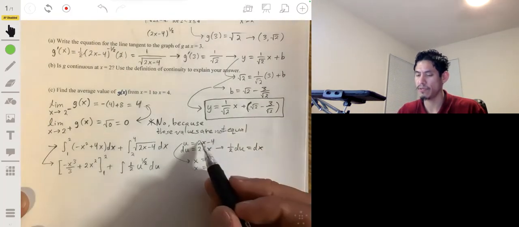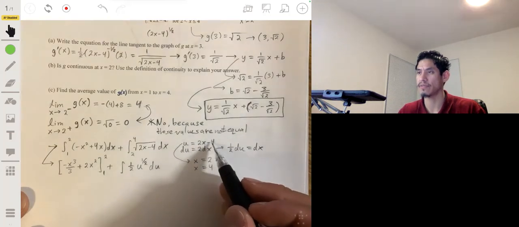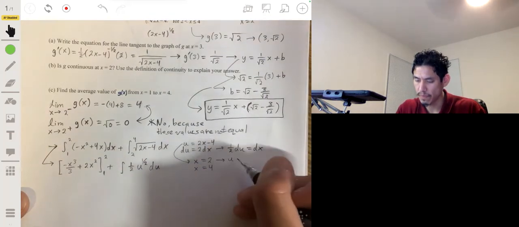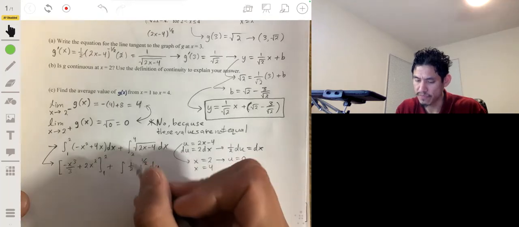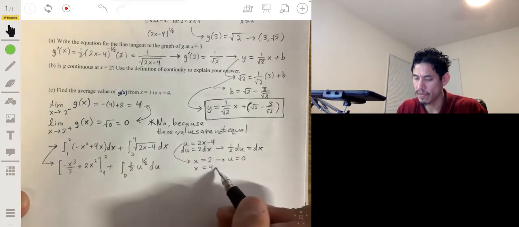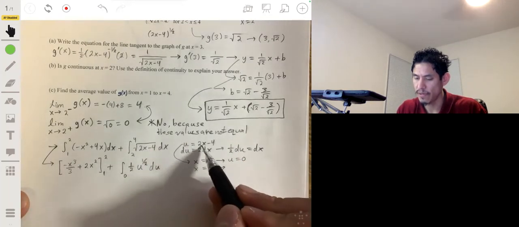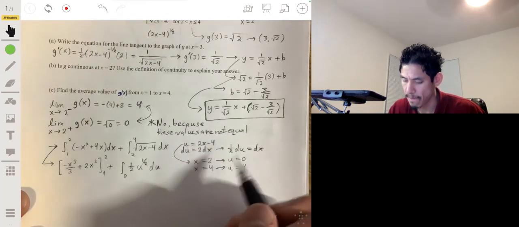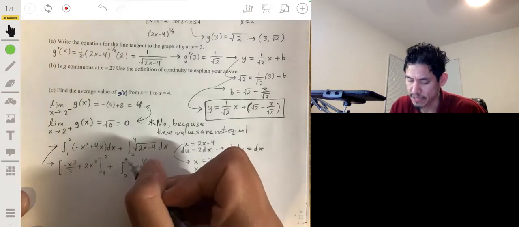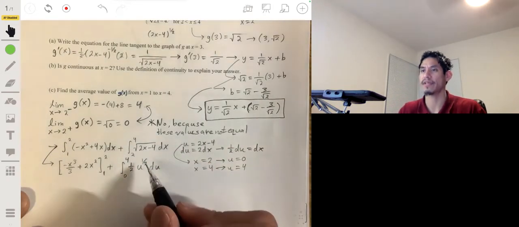When x is 2, u is 2 times 2 minus 4, so u is 0. When x is 4, u is 2 times 4, 8, minus 4, so u is 4. So then we just integrate this.